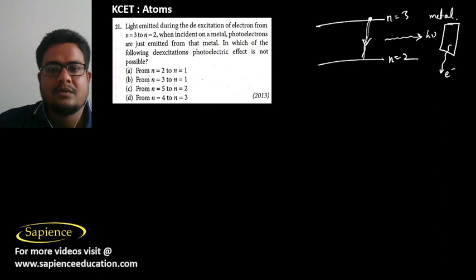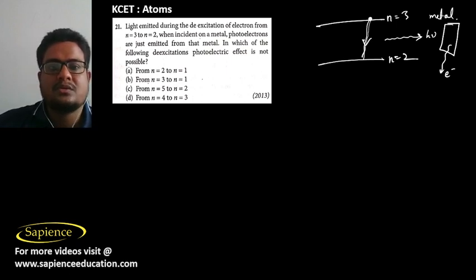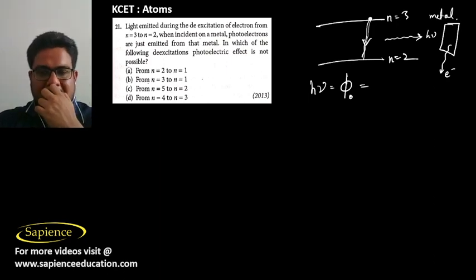In which of the following de-excitations is the photoelectric effect not possible? So here the energy of the photon that is emitted should be equal to the work function of the metal, phi naught. That should be equal to the energy of transition from n is equal to 3 to n is equal to 2.